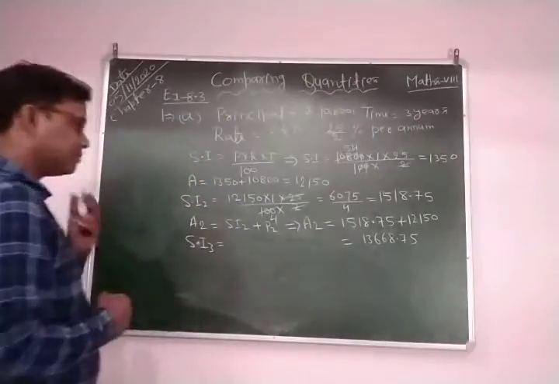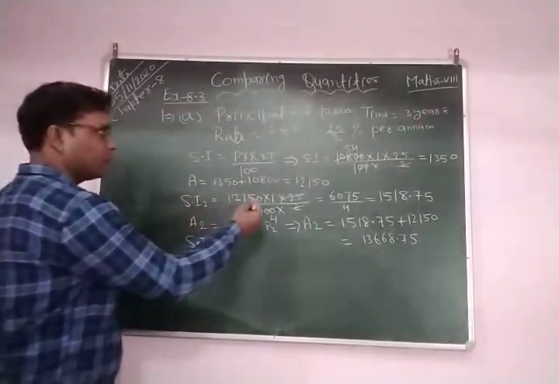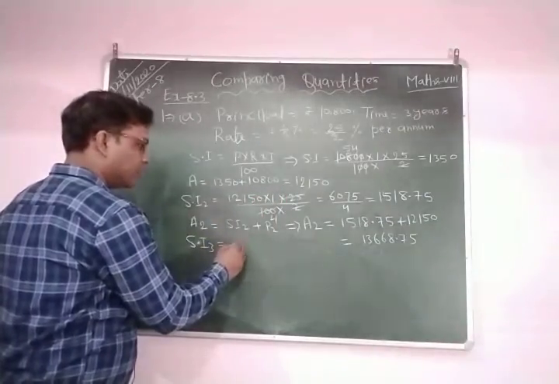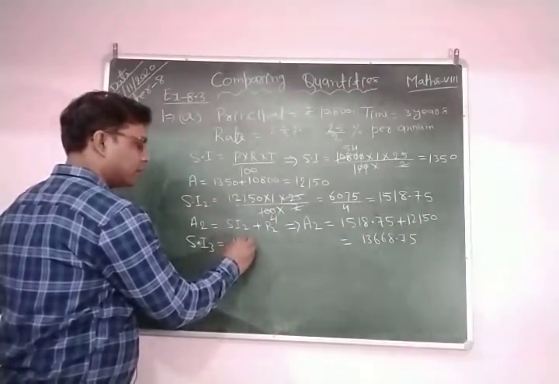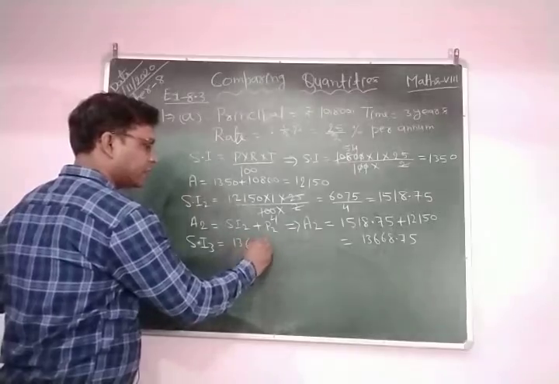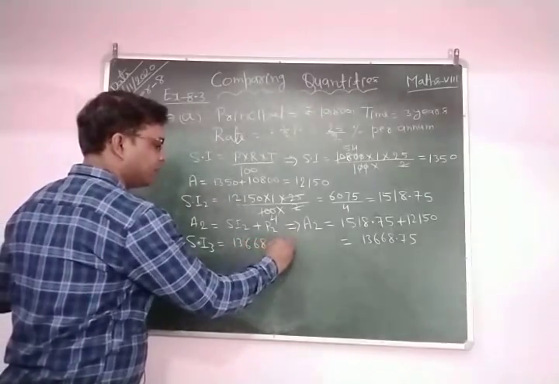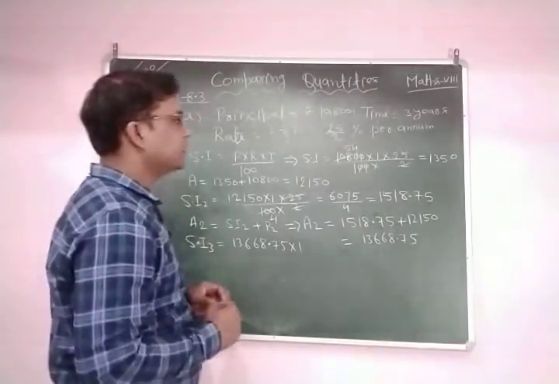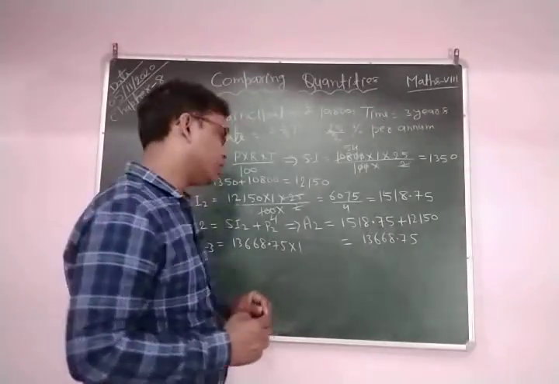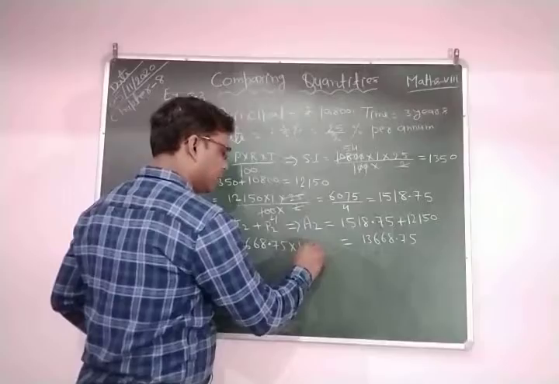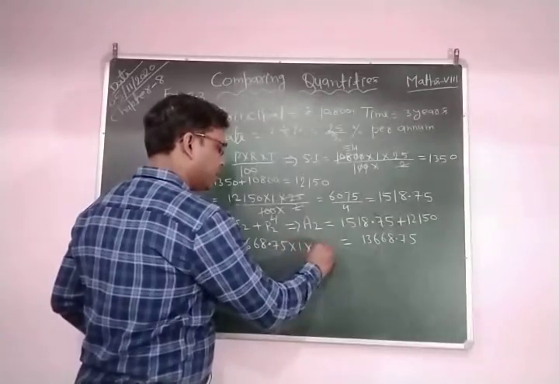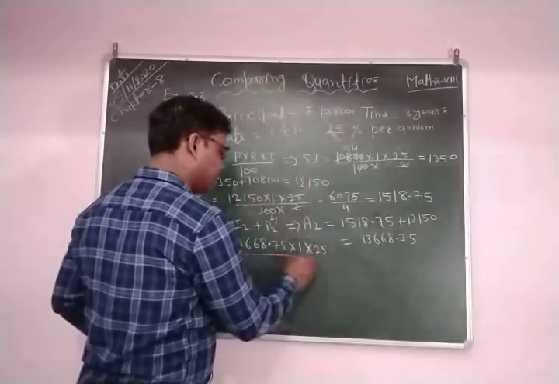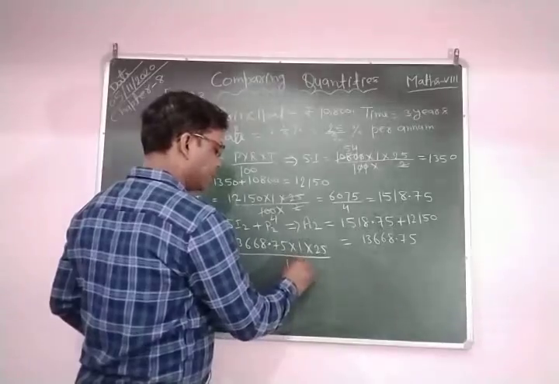So for this we can write it: 13,668.75 into 1. 1 is the time, and the rate is given here, 25/2, divided by 100.